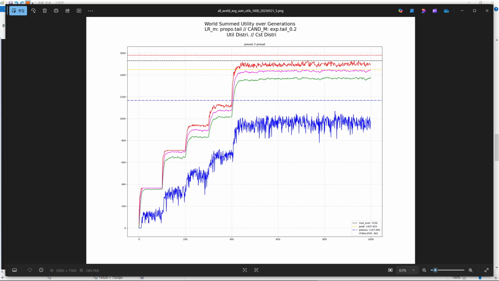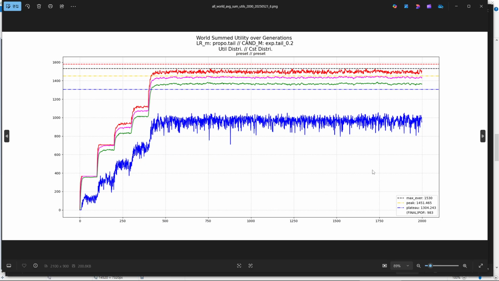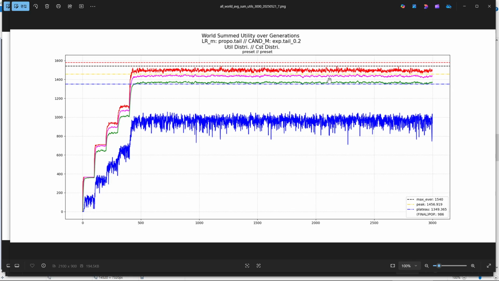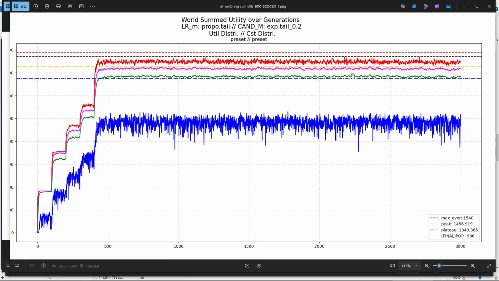So I bumped it up to 2000, and it was still at 1530. So I bumped it up to 3000, and finally I've had one or maybe a few instances where the maximum ever was at 1540, but not that many times.